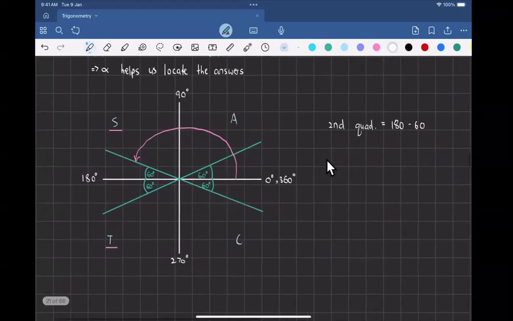And now in the third quadrant, Kirsten, I want you to tell me what you notice. I'm going to start from the 0 and go like so.